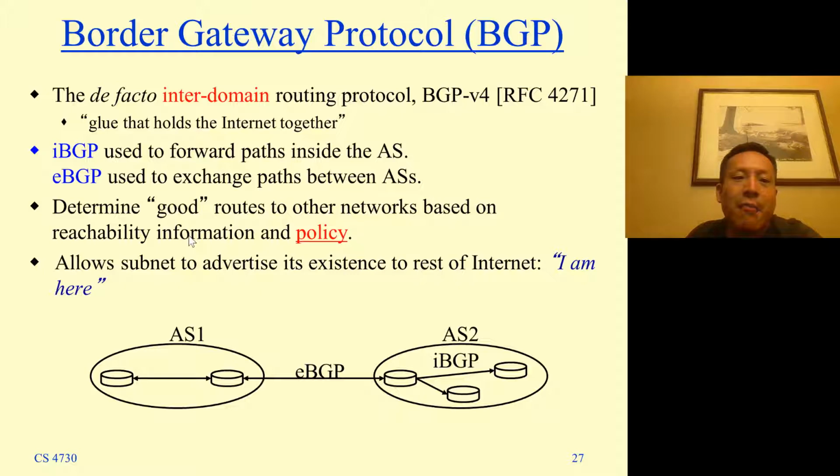So inside the same autonomous system, you run iBGP, internal BGP. And among these different autonomous systems, we run eBGP, or external BGP, right? So we define iBGP and eBGP depending on whether the two routers on this link belong to two different autonomous systems or to the same autonomous system, right?